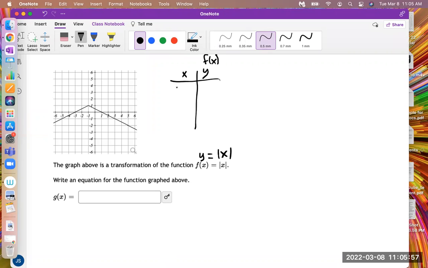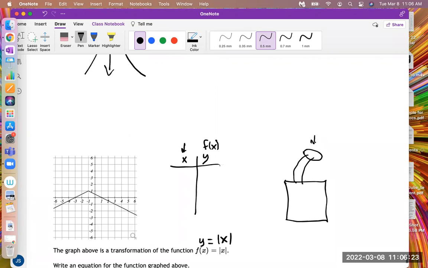Okay. So this x, we're going to call our input. It is what we input into the function. And remember a function expression? This is where things are input into our function.